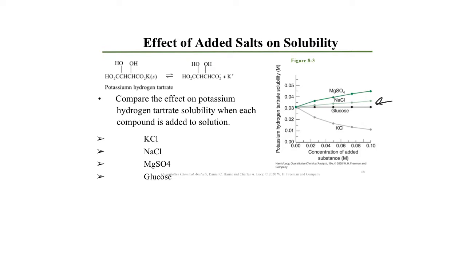When you have NaCl, that is increasing ionic strength, as well as MgSO4, increasing ionic strength. This has the opposite effect, and you remember why: because you're adding more K, you're going to push it in that direction. So you have to be sure of what you're looking at. If it's a common ion, the common ion effect overtakes.